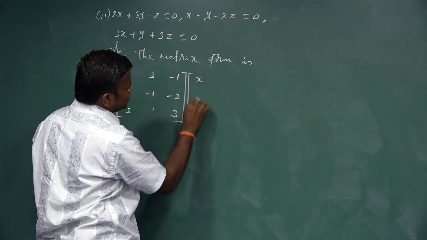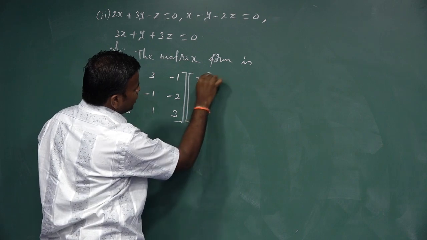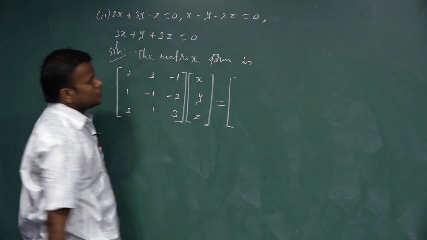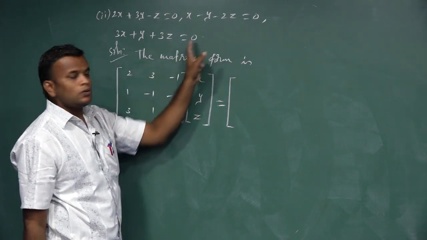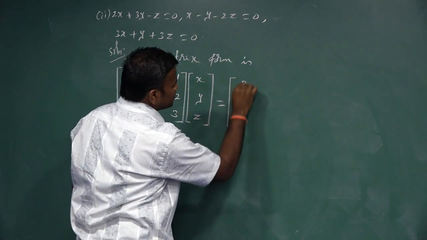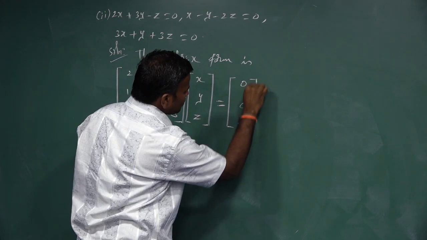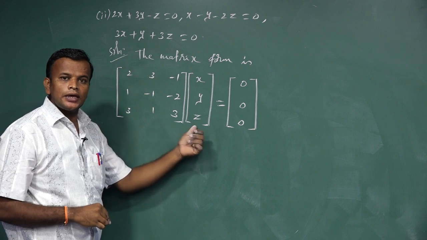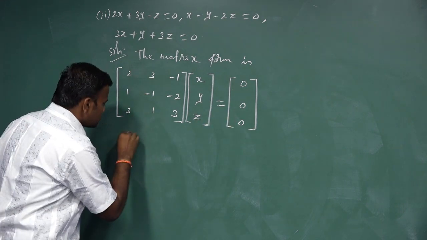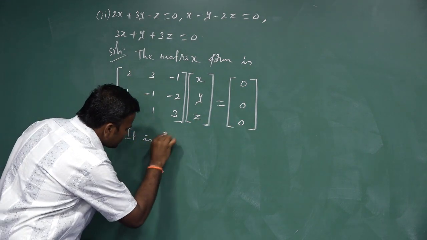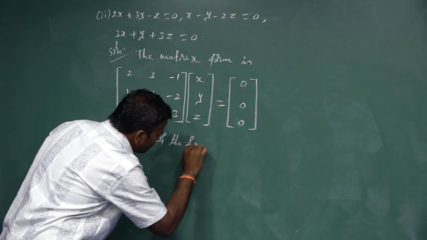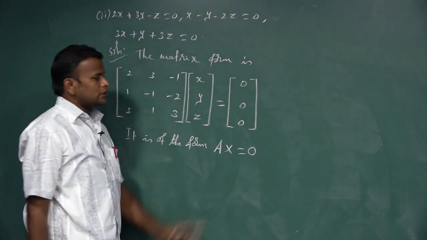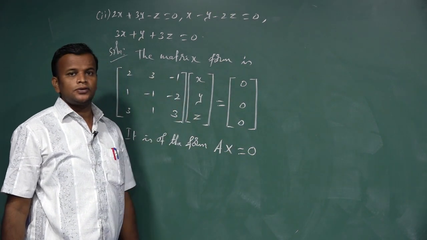Next, we write the variables x, y, z is equal to, and the right-hand side fully contains 0, 0, 0. So it's a zero matrix. Now it is of the form AX equal to 0, where the right side is a matrix whose values are all 0.